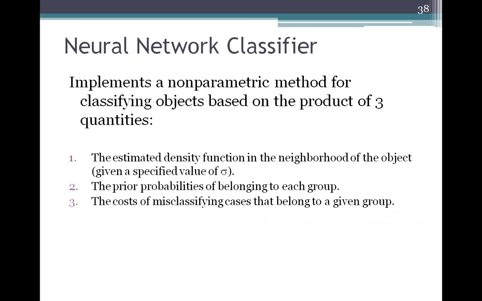And what you do when you estimate the density function is you basically pick a point in 12 dimensions, and you look all around that point at its nearest neighbors, at the other points that are nearest to the one that you're trying to predict. If you see a lot of Romney points in the vicinity of what you're trying to predict, you say, well, if I'm here, I'm likely to vote for Romney.